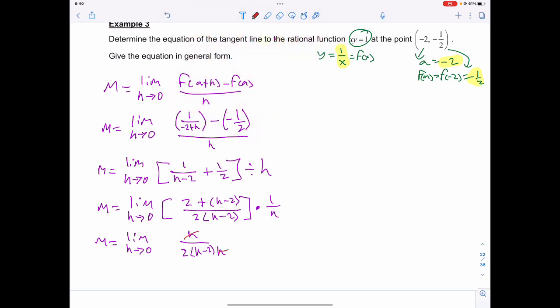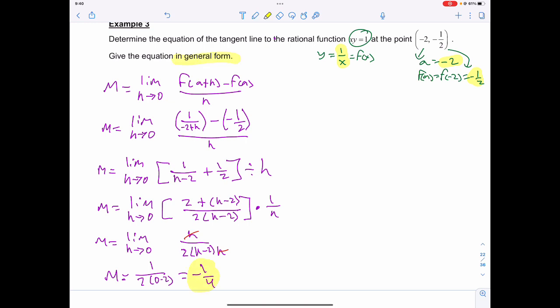And the h in numerator and denominator cancel out like they should. And then I just wind up with the slope is equal to, because now I can do direct substitution, 1 over 2 bracket 0 minus 2, which is the same as -1 over 4. And there's my slope.